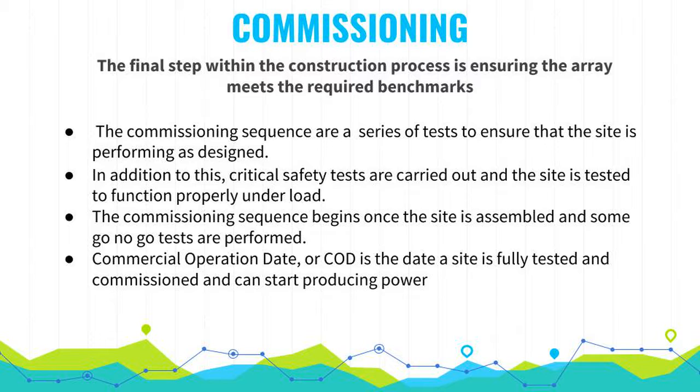The commissioning sequence begins once the site is assembled and some go-no-go tests are performed. The commercial operation date, or COD, is the date a site is fully tested and commissioned and connected to the grid. It can start to produce power.